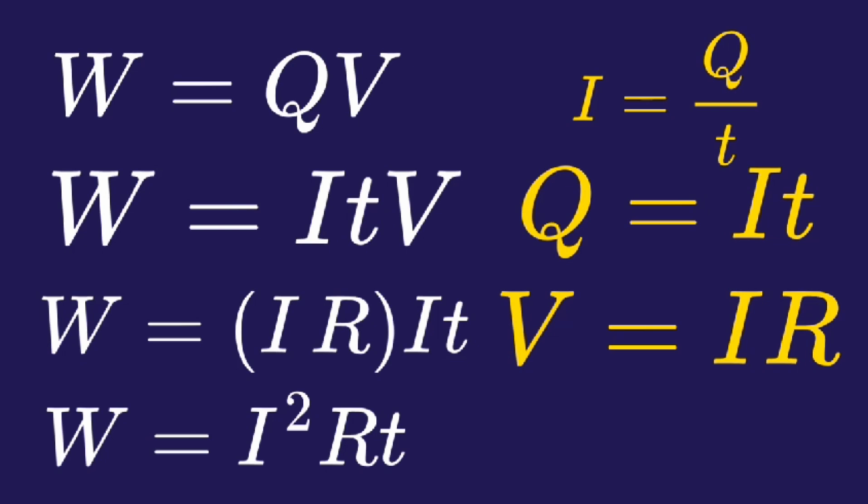The result will be W = V × I × T, where V = IR. So we'll substitute this value from Ohm's law into the equation of work done, and the final result will be W = I²RT. This equation is called Joule's law.